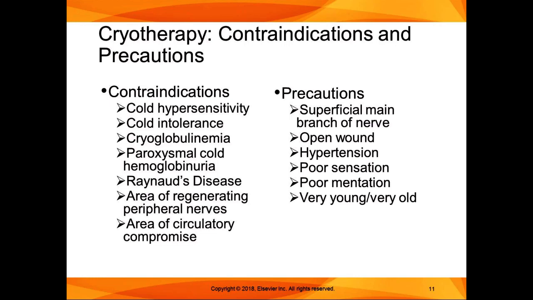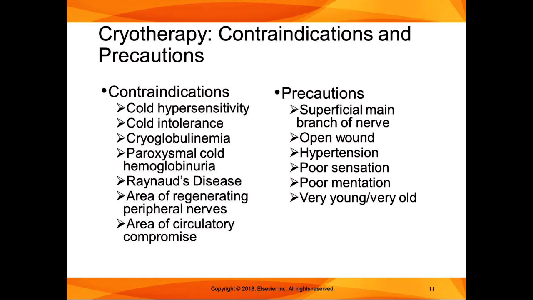There might be a reason why you might do it, and you're going to be cautious about it. So precautions include putting cold therapy on the superficial main branch of a nerve. You're going to deaden that area. On an open wound, when you have someone with uncontrolled hypertension, anything that changes their fluid dynamics could affect their blood pressure.